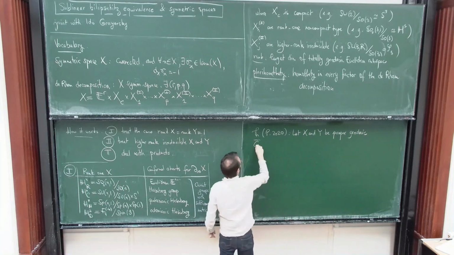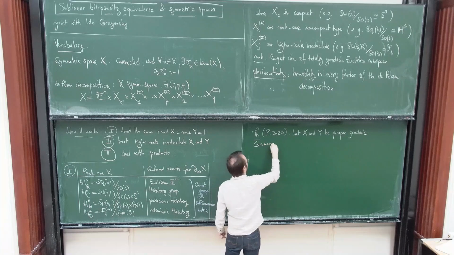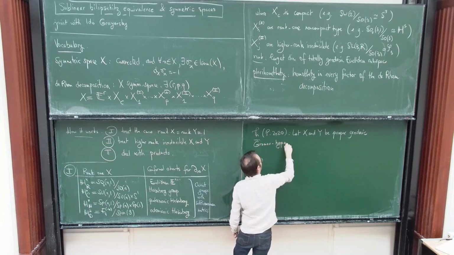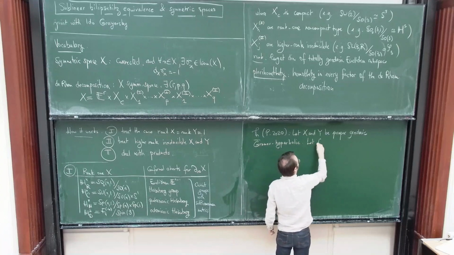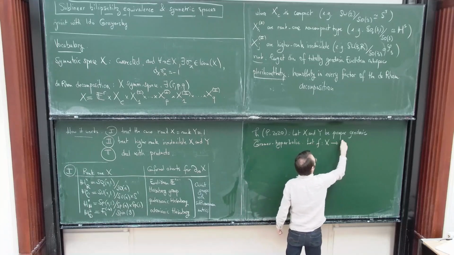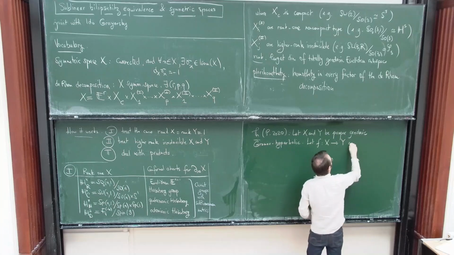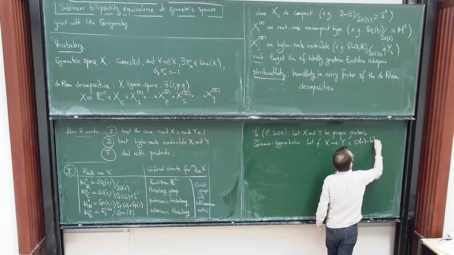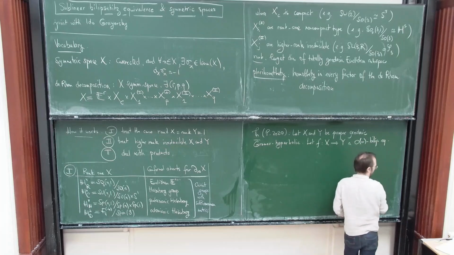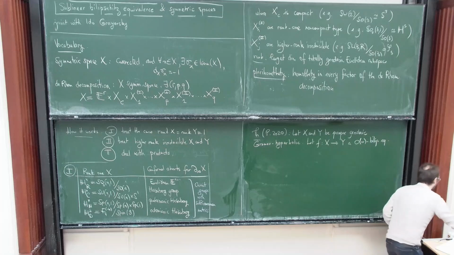It's valid actually for Gromov hyperbolic spaces. We assume that there is a sublinear bilipschitz equivalence, so O of D, between the two. And now it extends to the boundary.